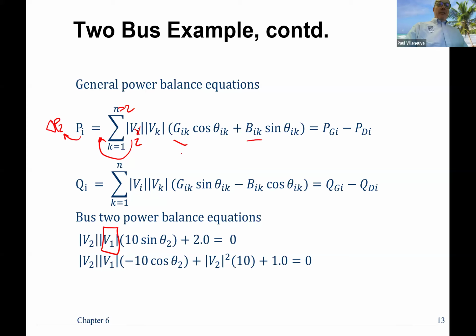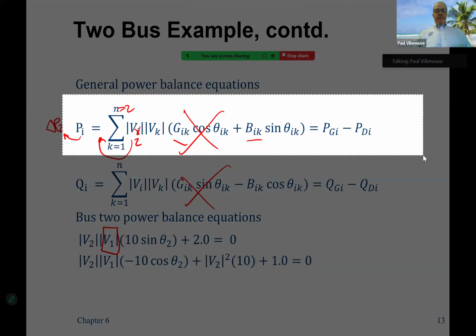So goodbye, goodbye. Because 0 times the cosine of theta ik, or the sine of theta ik, is the same, right? So now I've simplified it quite a bit. Let me go ahead and copy this over and put it on the whiteboard.